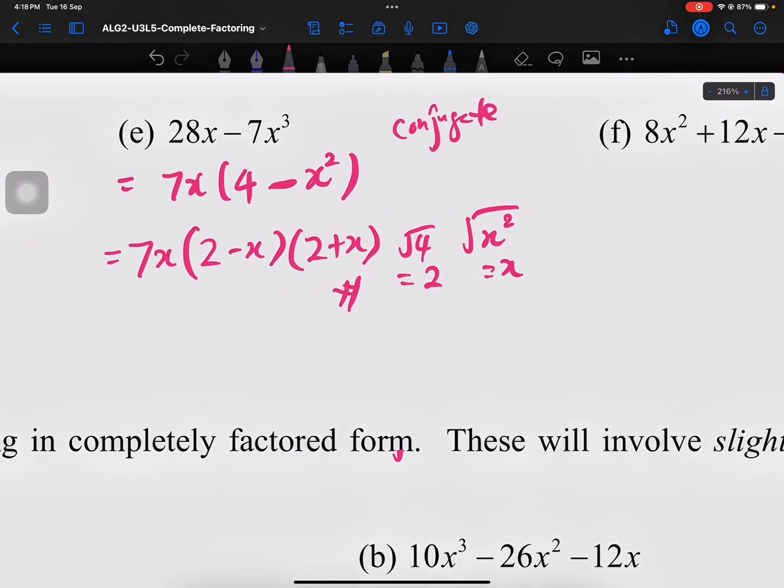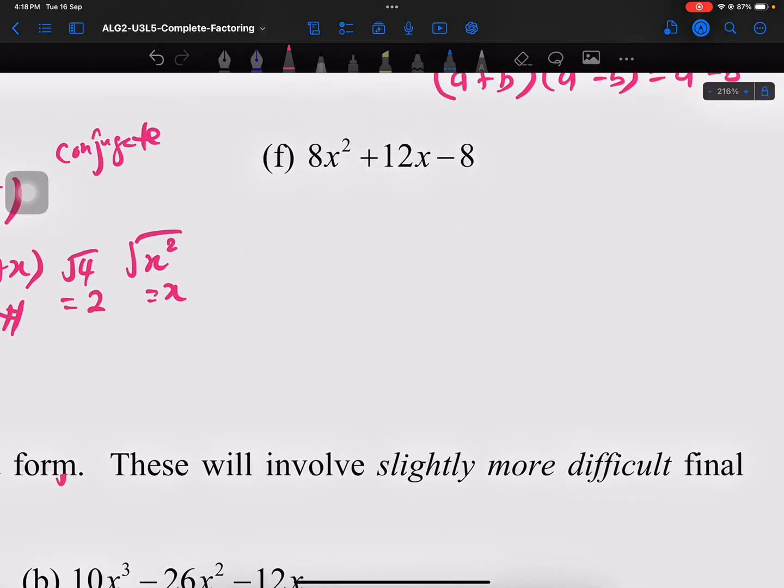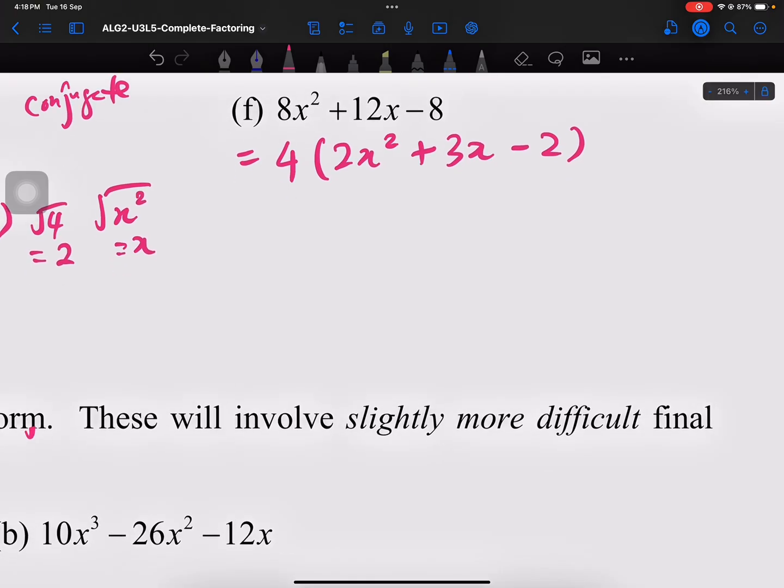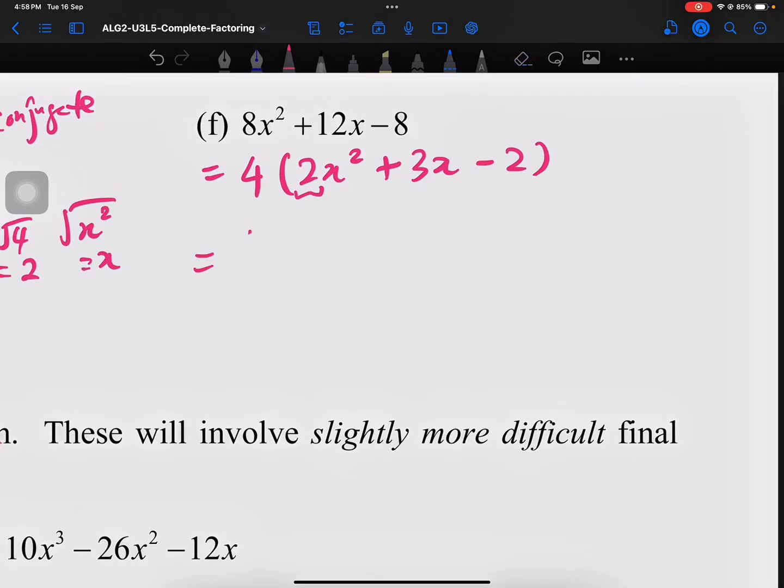And then we go to F. So for F, we can take out our highest GCF, which is 4. So here is 2x squared plus 3x minus 2. From here, you can see the leading coefficient is not 1, so we must do the other method. 4 is still outside the bracket.